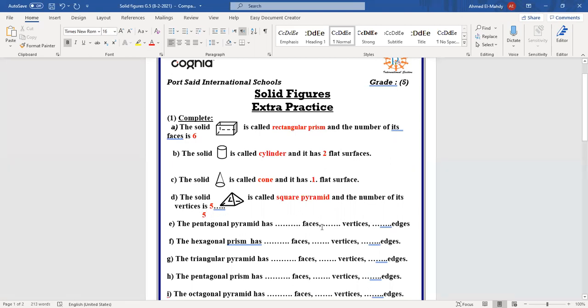Then, to find the number of faces in the pyramid, we add plus 1. 5 plus 1 equals 6. And vertices, also 5 plus 1, it will be 6. And the edges, multiply by 2. 5 multiply by 2 equals 10.